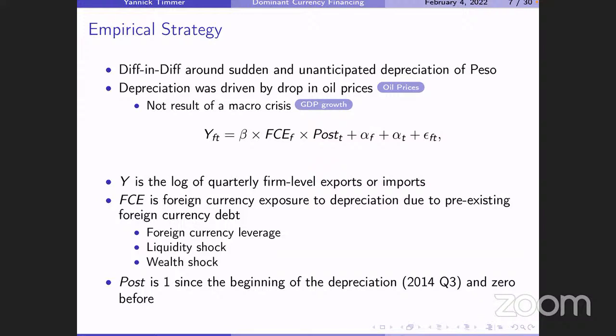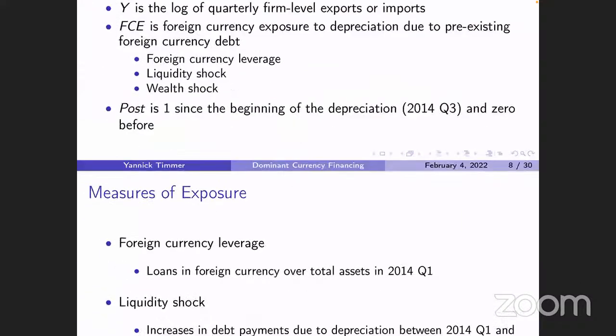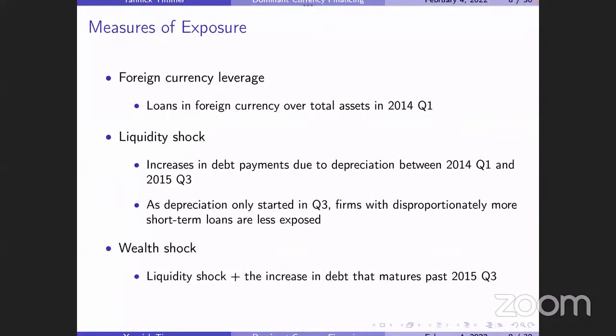Our measure of foreign currency exposure takes 3 different variables: the foreign currency leverage itself, the liquidity shock, and the wealth shock. So let me tell you a little bit what these are. The foreign currency leverage is just the overall amount of foreign currency borrowing a firm has just before the depreciation over their total assets.